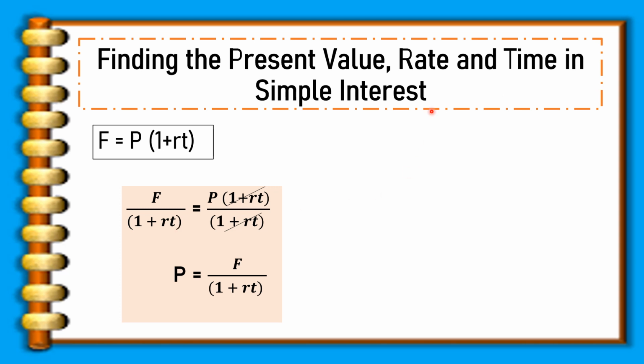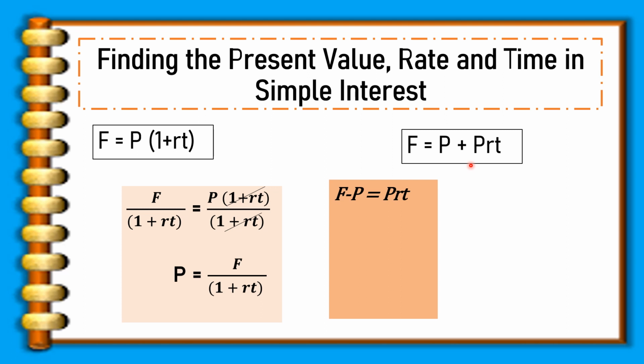And to derive formulas for finding the rate and time in simple interest, we will use this formula, which is the same as this one. So future value or maturity value equals principal amount plus interest. So F equals P plus PRT.